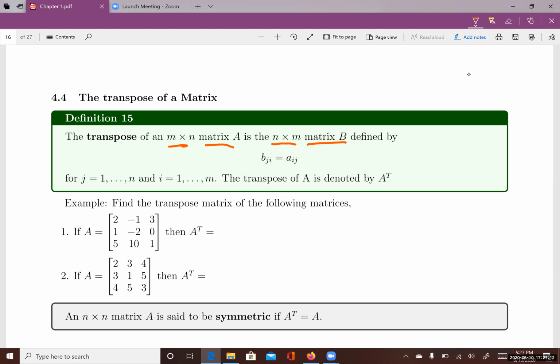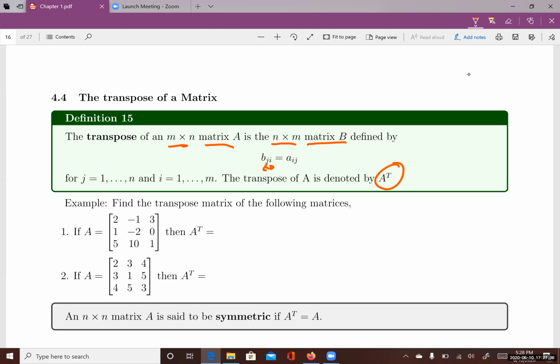The matrix B has entries bji. So the entry bji of matrix B, when B is the transpose of A, is the entry aij. You just see that the order of the row and column is interchanged.